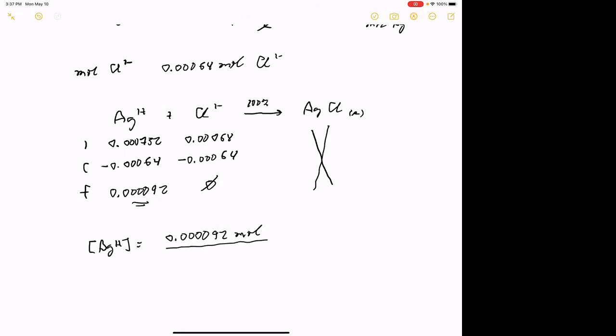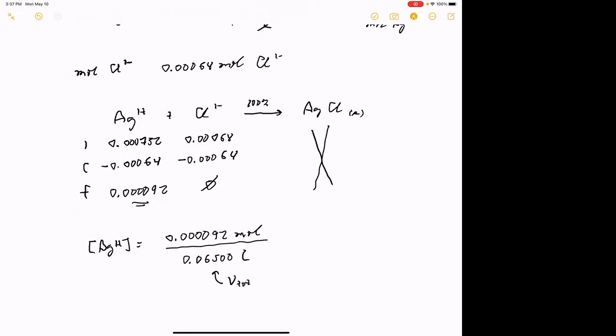Now let's go back and think about that. So I just added 40 mils, right? And I think I had 25 mils of the solution to begin with in the beaker. So that's going to take me to 65 milliliters, which is 0.06500 liters. Okay, so that's my V total, just to remind you guys.